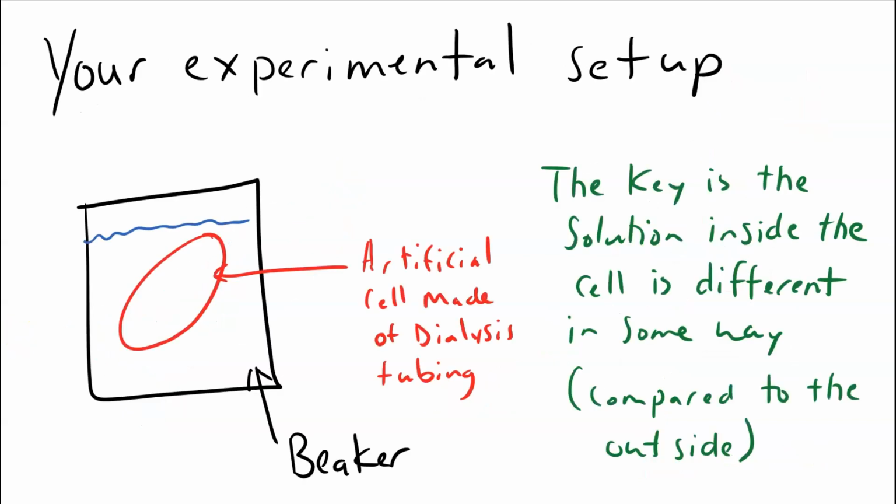For your experimental setup, we'll give you beakers where you can put in a certain volume of solution and add your artificial cell into that solution, so your artificial cell will be surrounded by a solution. We'll make sure that the solution is a different concentration of sucrose than the solution inside of your artificial cell.